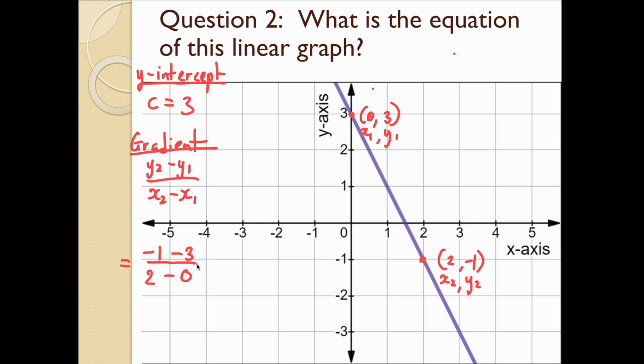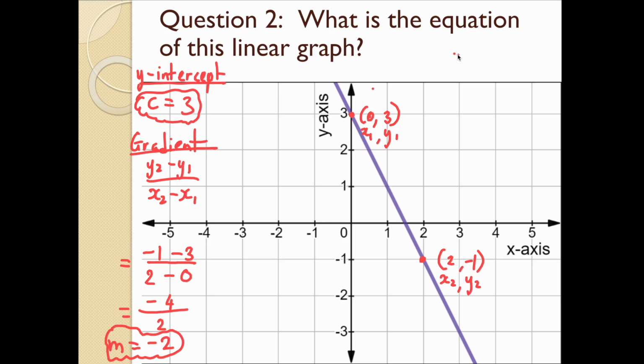So -1 take away 3 gives me -4. And then I'm going to put that over 2 take away 0, which is +2. So I can see here that 2 could go into -4. Negative divided by a positive is a negative. 4 divided by 2 is 2. My gradient is -2. My y-intercept is +3.